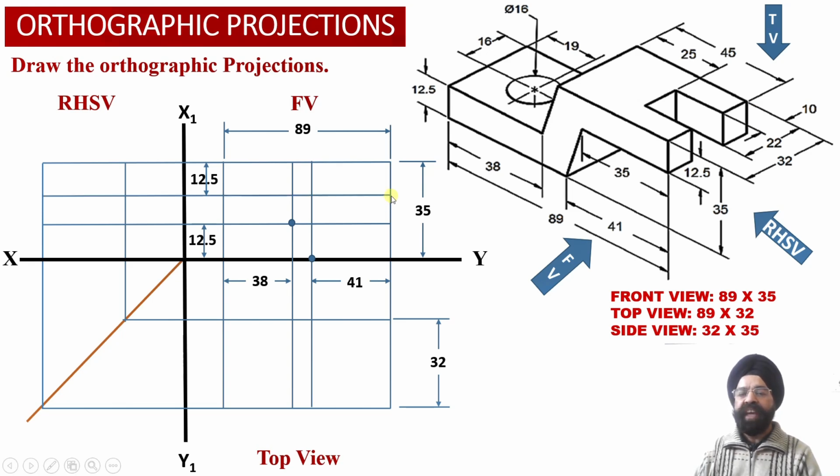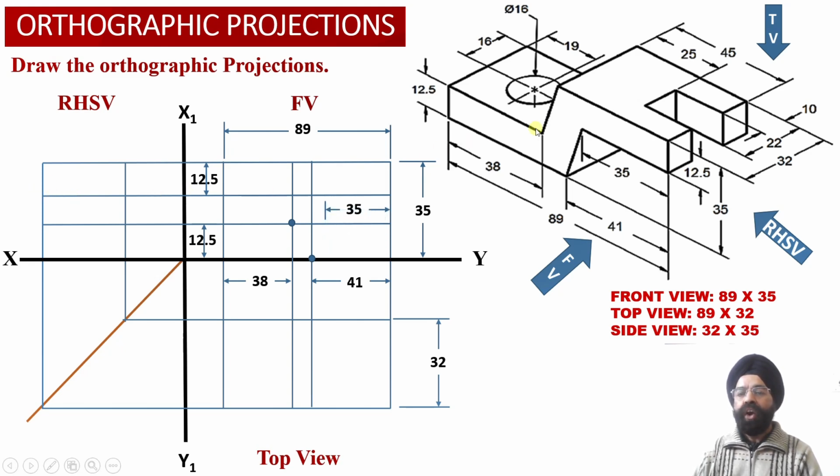So now we have obtained a horizontal projector line at a distance of 12.5 millimeter from the top surface of the solid into the front view projections, and this horizontal projector line we have extended into the right hand side view projections over here.